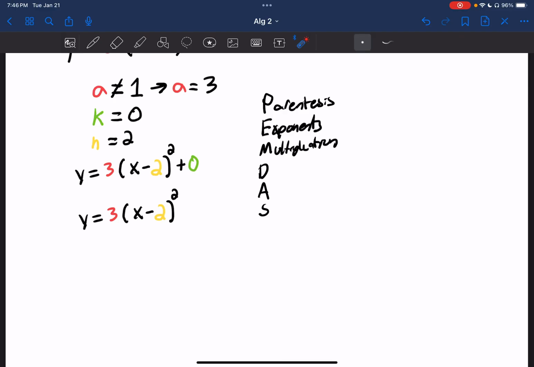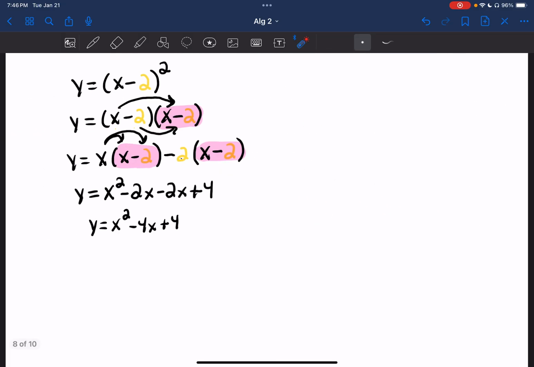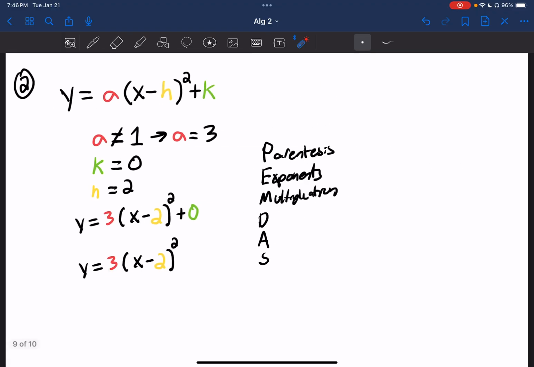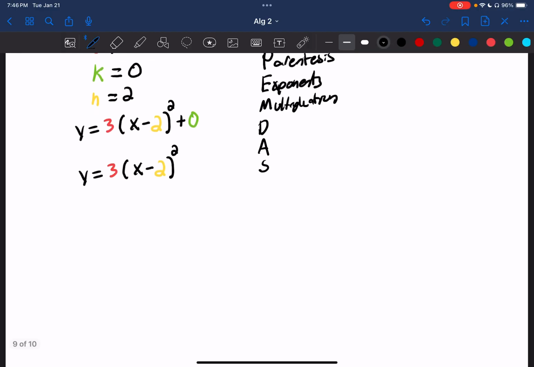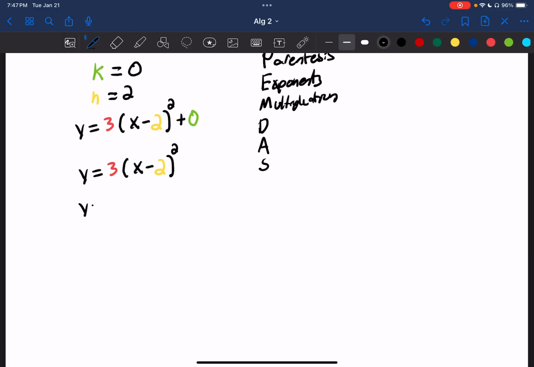So before we multiply anything by 3, we want to do this exponent. So we want to do this process of double distributing. And then after we've double distributed to solve for this squared term, then we can multiply by the 3. So I'm going to go through the process of double distributing again, because it may be new to some of you. Feel free to skip ahead in the video if you're comfortable with this already.